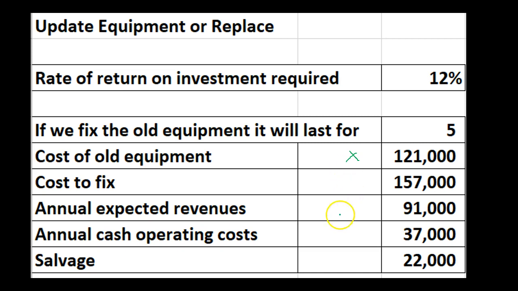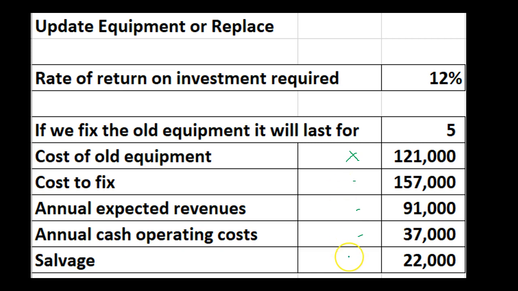So what we want then is the cost to fix. It's going to cost us $157,000 to fix it. And then we want to compare the cash flows that will result from that fixing. The cash flows being $91,000 expected revenues, and the operating costs $37,000. So that's going to be the cash flows. 91 minus the 37 is what we're going to be returning for 5 years after we put down the initial payment of the $157,000.